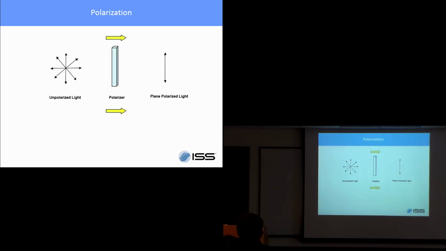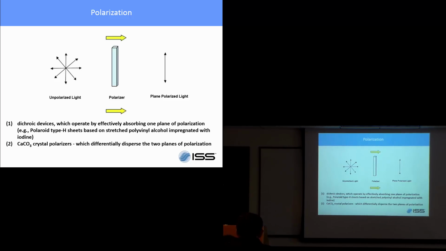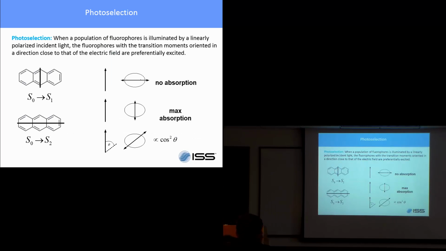A polarizer is a device that takes unpolarized light, and on the output, it gives you plane polarized light, although there are devices that give you circularly polarized light as well. Typically, there are Polaroids or calcite polarizers. Calcite is just a mineral that is mined and cut. It's a birefringent mineral that is cut for this type of application.